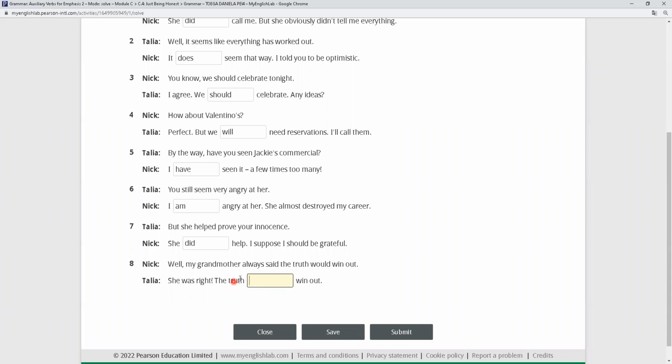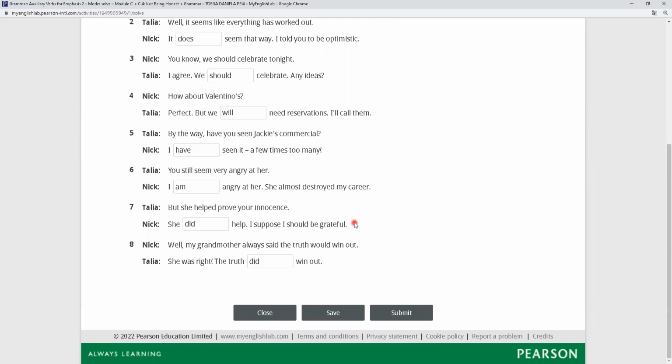Puede ser con el auxiliar en este caso. No, porque tenemos esto en su forma base aparte. All right. Yes, es con did. Well, my grandmother always said the truth would win out. Porque le estamos dando énfasis, así que es con did. The truth did win out. Okay?